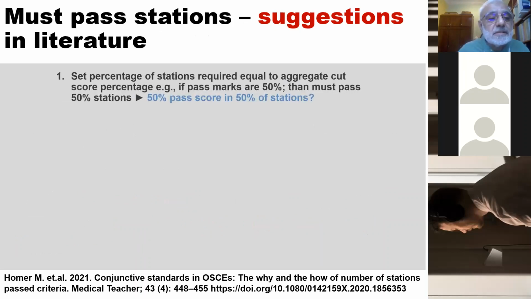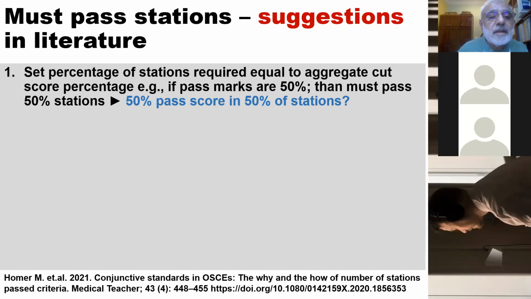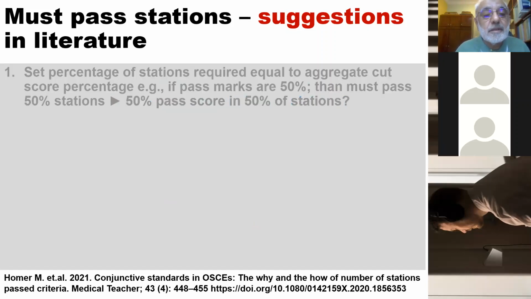The other suggestions: one is that the percentage of stations required equals the aggregate cut score percentage. If pass marks are 50%, then they must pass 50% of stations, which, if you look carefully, is already a 50% pass score and then a pass in 50% of stations. So that really lowers the standard of clinical examination.